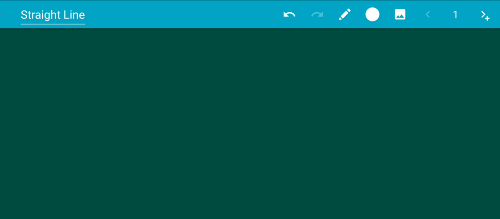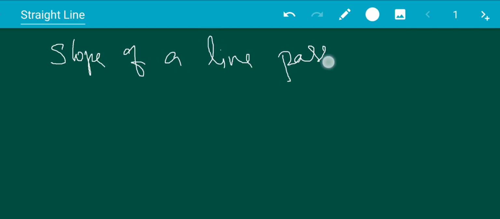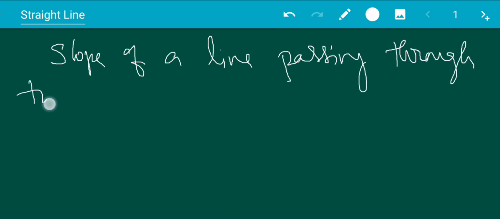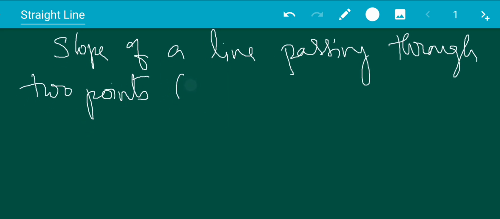Now every time you don't have an angle, so how to define the slope of a line if you know 2 points? So this is the formula for slope. Okay, and this is the last part of our video. The slope of a line passing through 2 points x1 comma y1 and x2 comma y2.